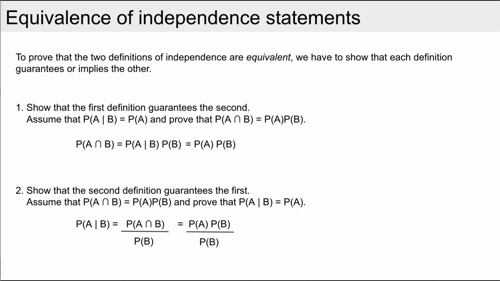Notice then that the probability of B in the numerator and denominator cancel out, establishing that the second definition of independence guarantees the first.